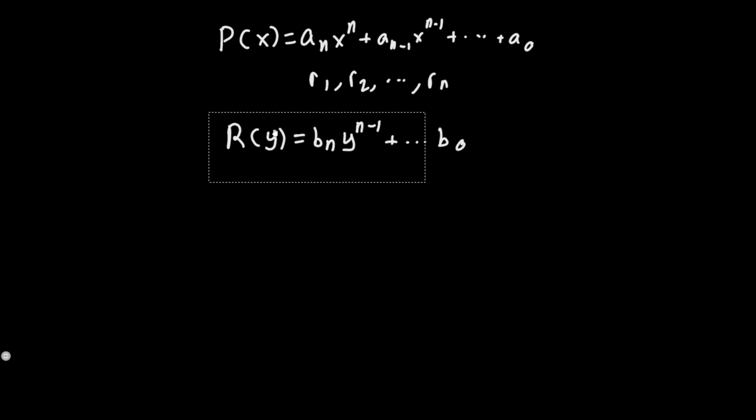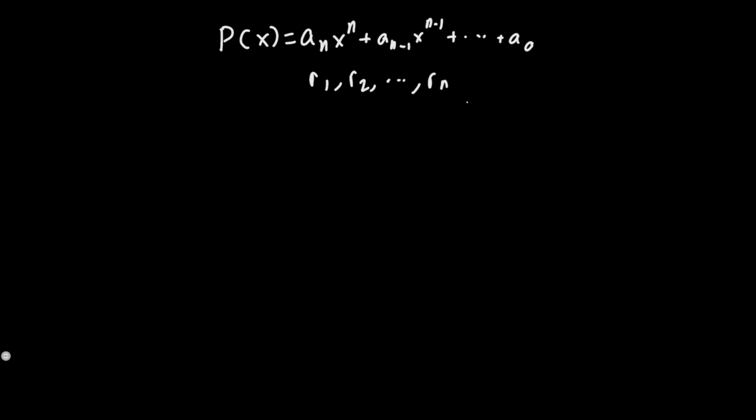And the reason we use a resolvent, or how we even get a resolvent, is simply Vieta's formulas. Vieta's formulas basically state that the first coefficient, let's say a_(n-1) x^(n-1), is always going to be the sum of the roots. r_1 plus r_2 plus up until r_n is going to be equal to negative a_(n-1) over a_n.